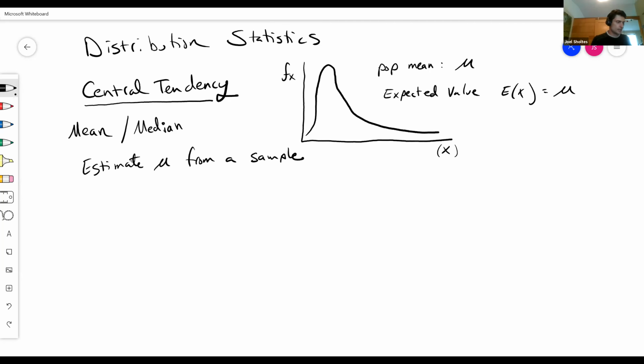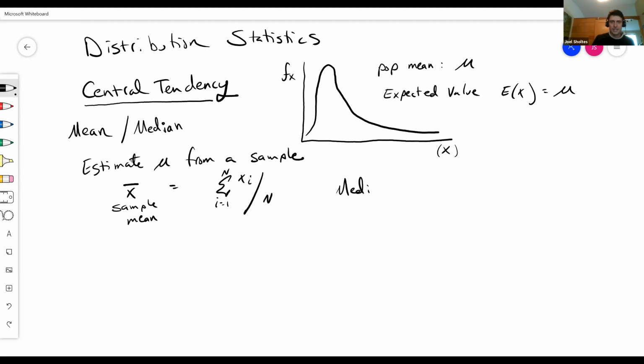We never quite know what mu is, and that estimate is X bar, the sample mean, which is equal to the sum of x_i over big N. So if we have n values in our sample, we sum everything up and divide by the number of samples.